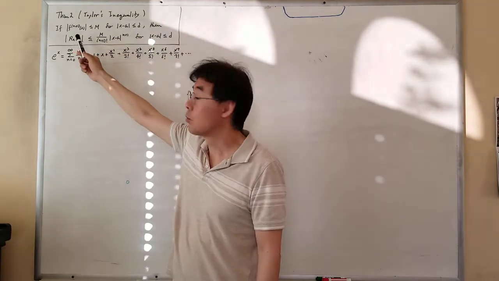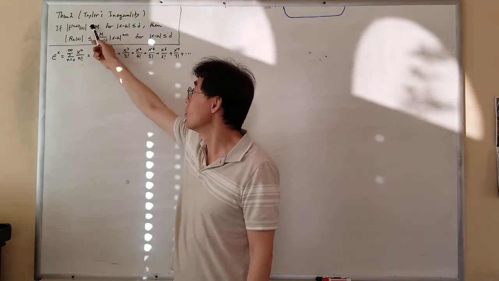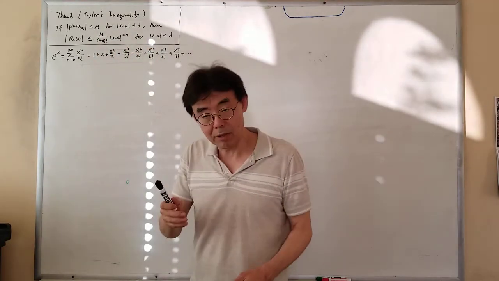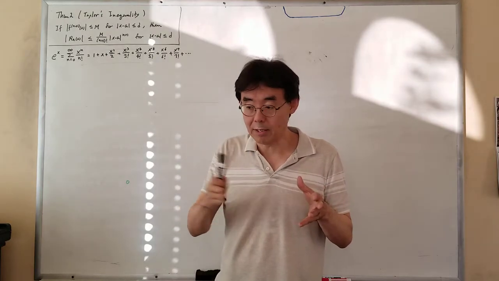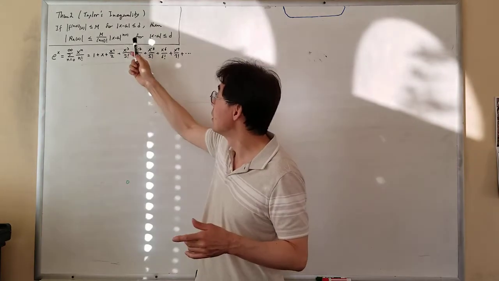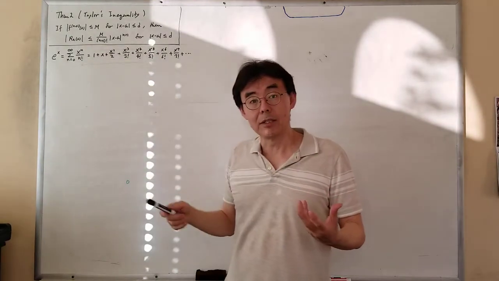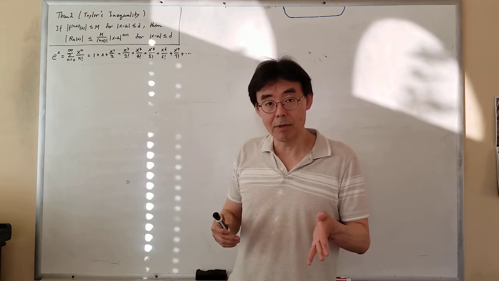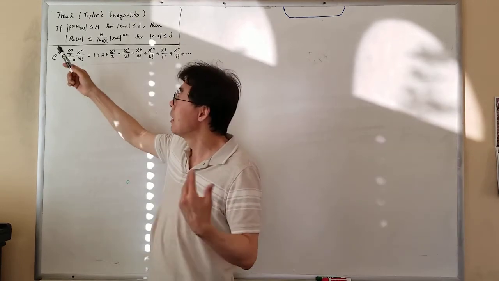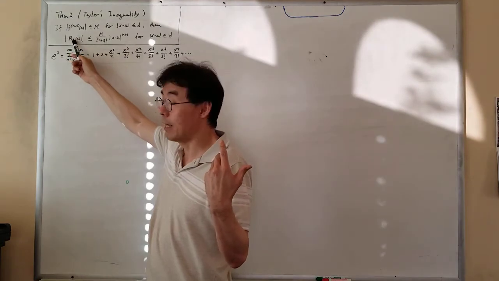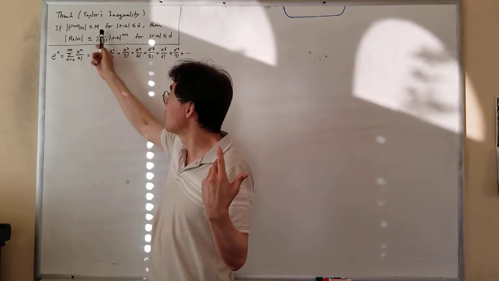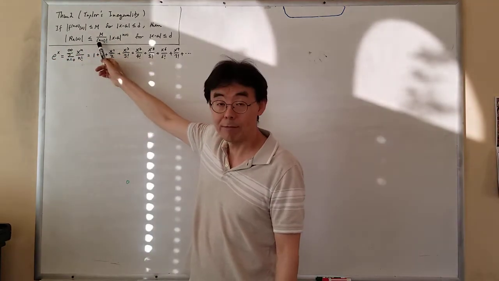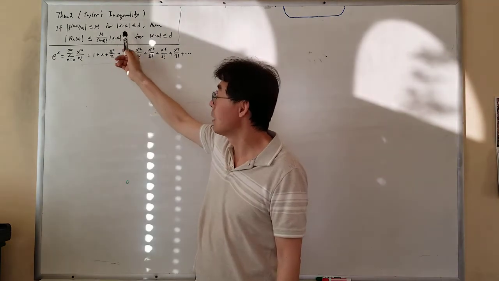If your n plus first order derivative is always less than or equal to capital F, some number, for all x within plus or minus d around a, from a minus d to a plus d, then the nth remainder, that means the error when you use the nth degree Taylor polynomial as an approximation, is less than or equal to capital F, that maximum value of the n plus first order derivative, over n plus 1 factorial, times absolute value of x minus a to the n plus 1.